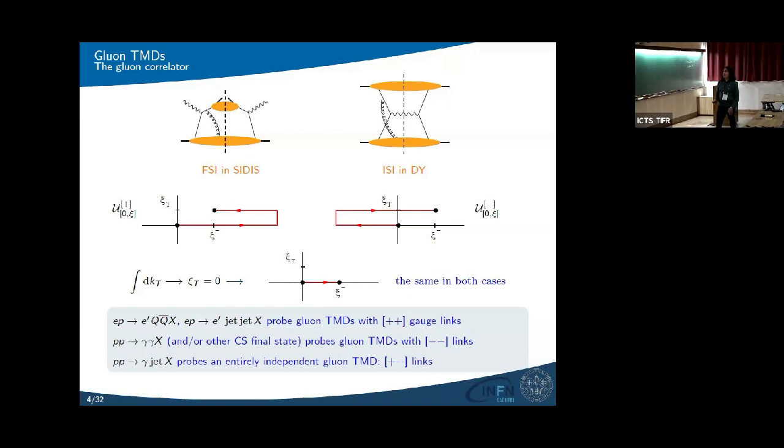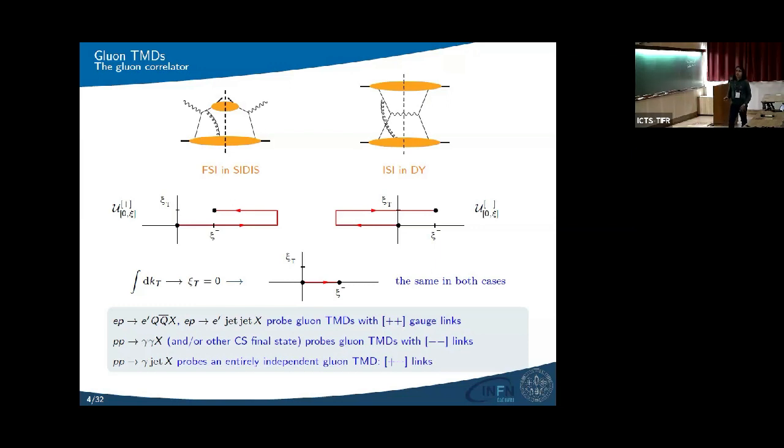On the other hand, if I look at proton-proton collisions and I look at a color singlet final state, for example photon-photon production, then my gauge links will both be Drell-Yan-like. So I have a minus-minus gauge link. Another kind of distribution in principle.